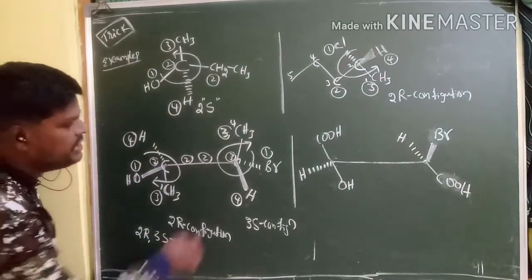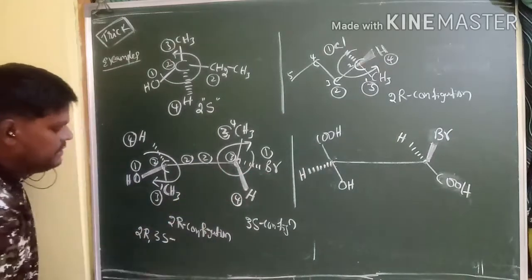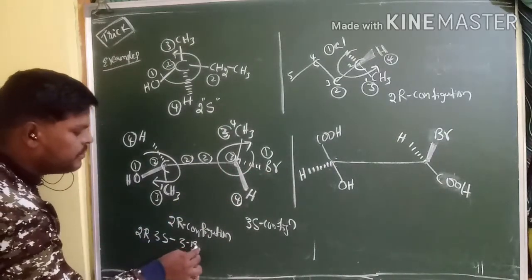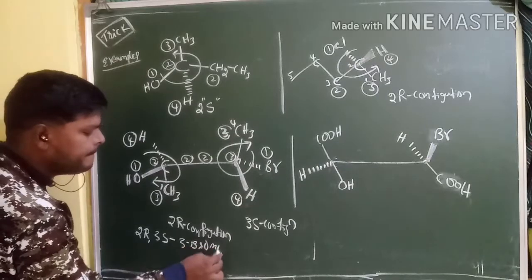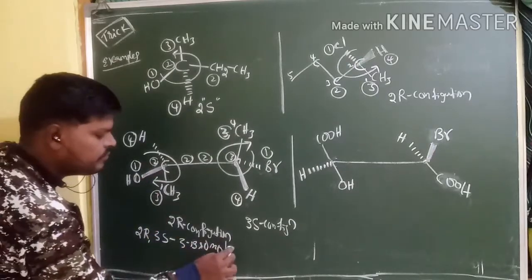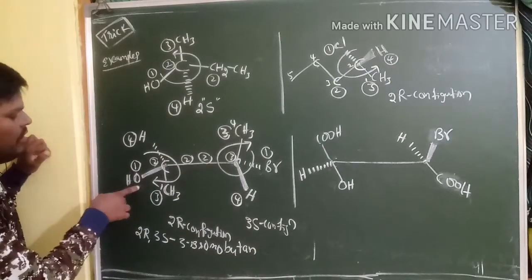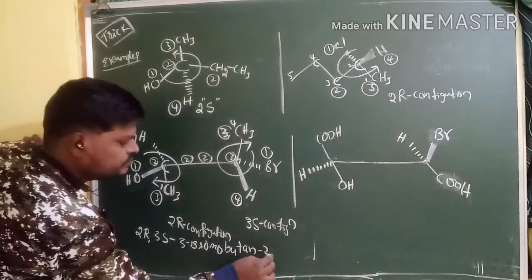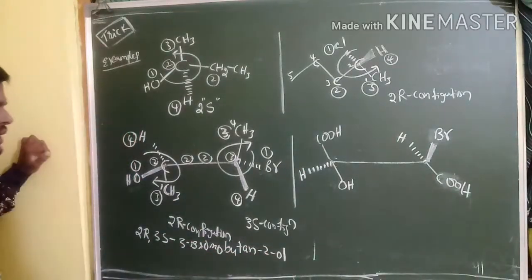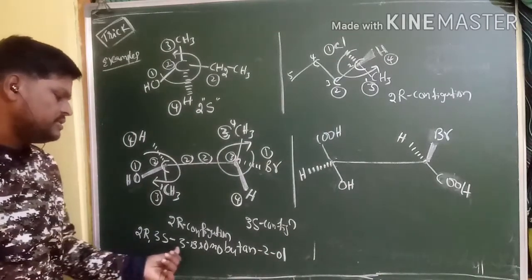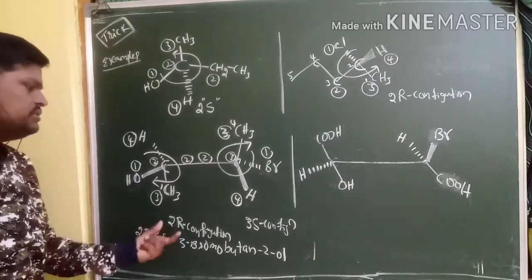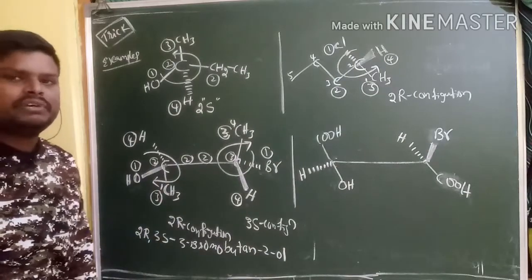Yes, what is the substituent here? Bromine, position 3. That's why you can write 3-bromo. Longest chain 4, but all are single bonds, so butane. Alcohol at number 2, the suffix for alcohol is ol, butan-2-ol. 2R, 3S, 3-bromobutan-2-ol. So this is the name for this molecule according to the IUPAC system.